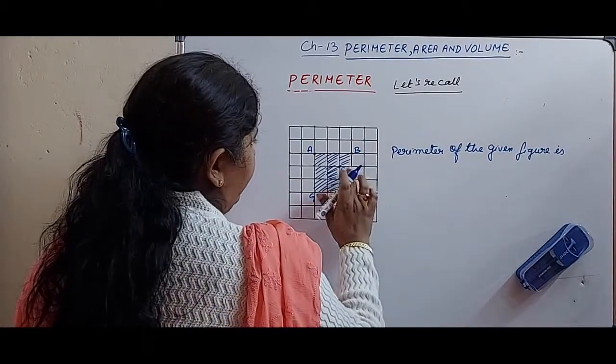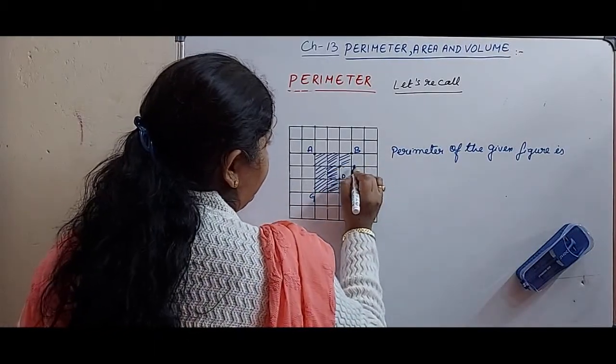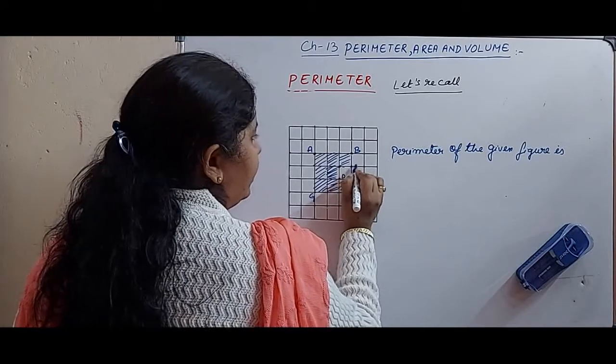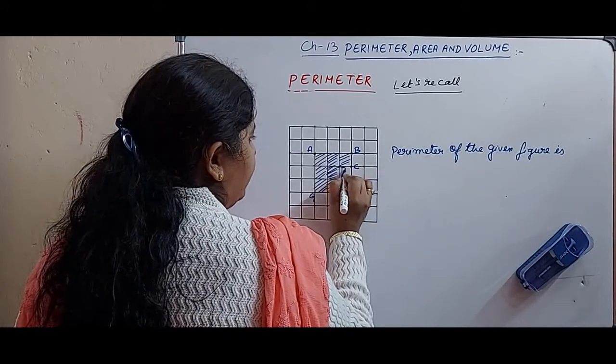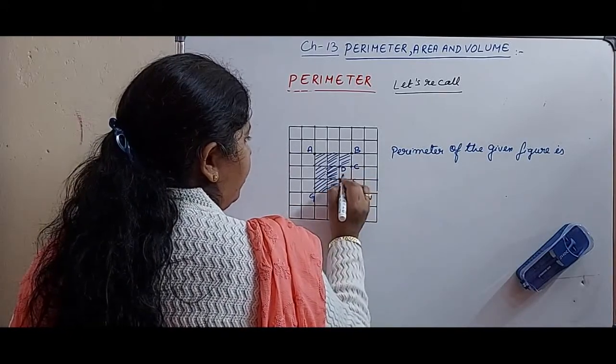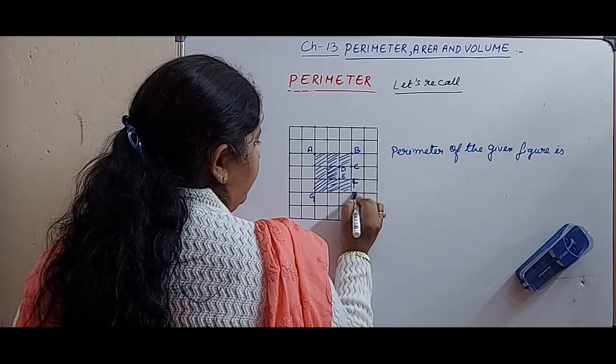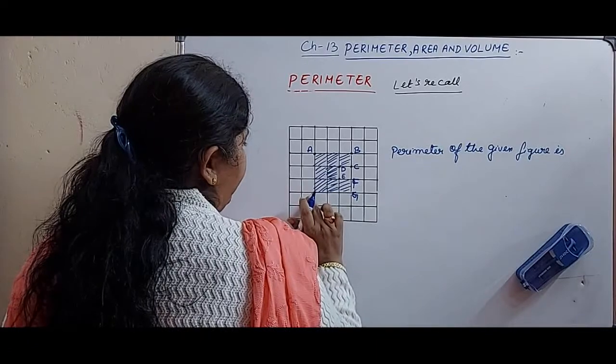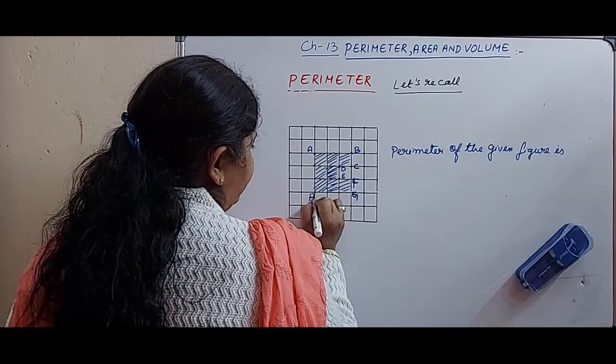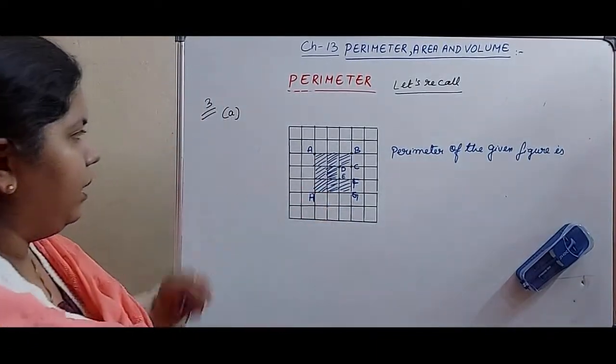Sorry, I have to give this part C. Actually, this point has to be C and this point has to be D and this point has to be E. Then it will be F here. This is G and this has to be your H. Now this is the correct naming.